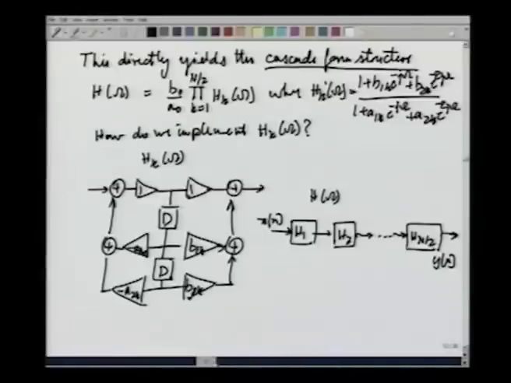Now, as with the case of the continuous time Fourier transforms alternate implementations, we here also have the parallel form implementation. The parallel form implementation results from carrying out a partial fractions expansion of the polynomial rational form h omega.